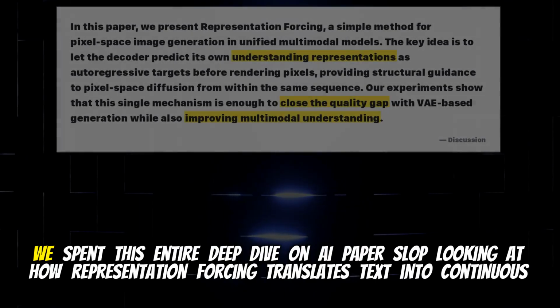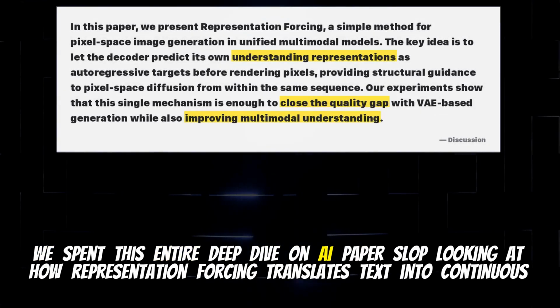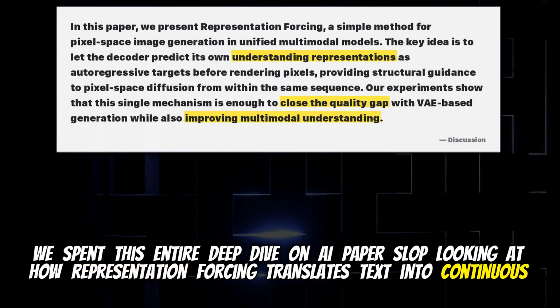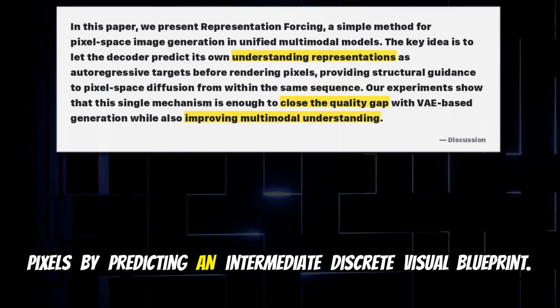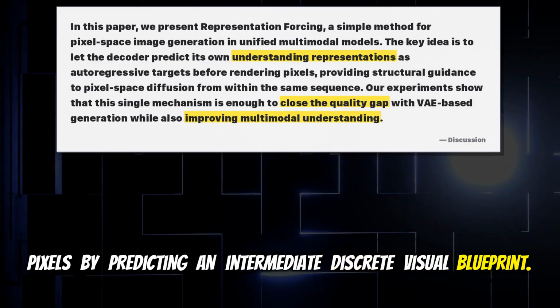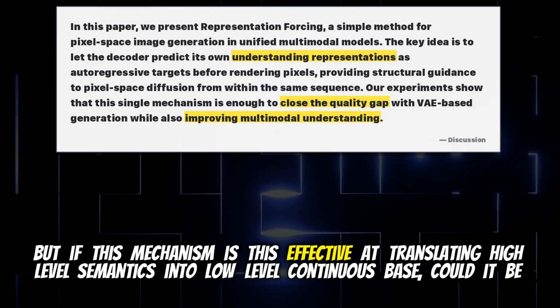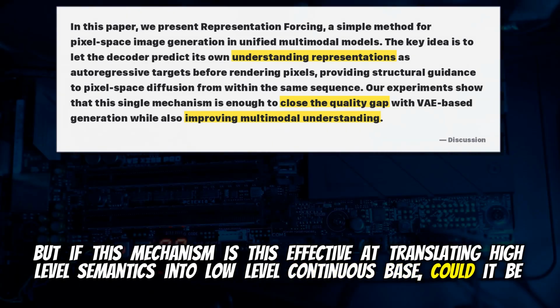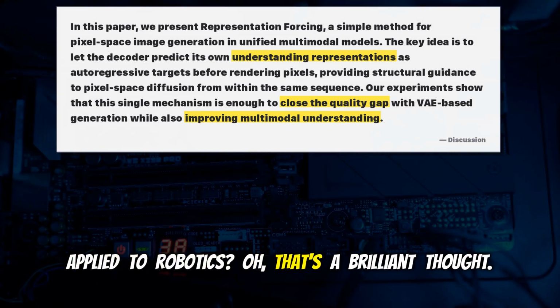And that factorization principle, separating high-level intent from continuous execution, leads to a fascinating hypothetical for you all to think about. We spent this entire deep dive on AI paper slop looking at how representation forcing translates text into continuous pixels by predicting an intermediate discrete visual blueprint. Right. But if this mechanism is this effective at translating high-level semantics into low-level continuous space, could it be applied to robotics? Oh, that's a brilliant thought.